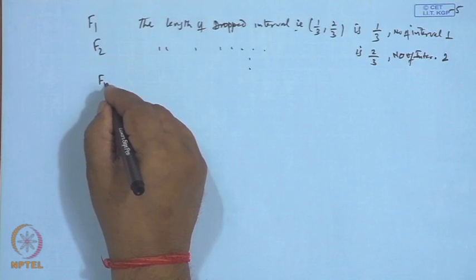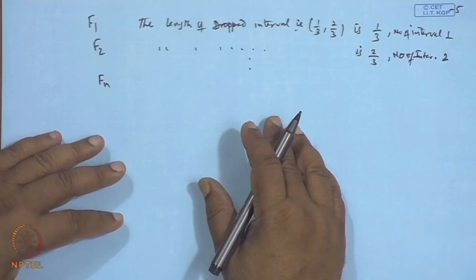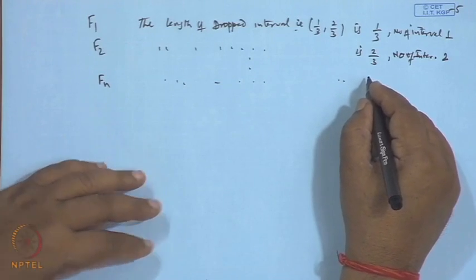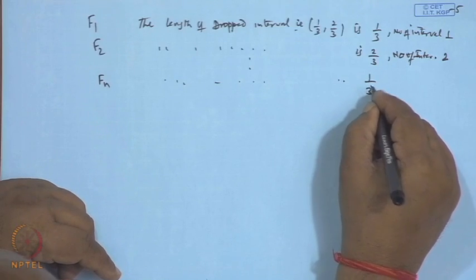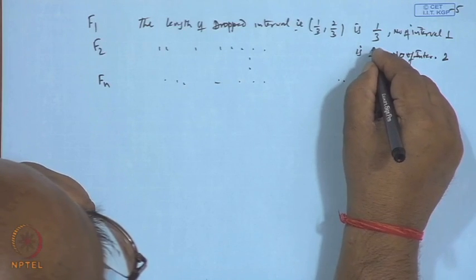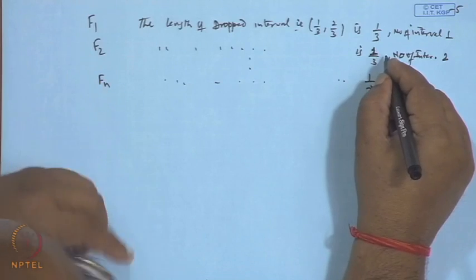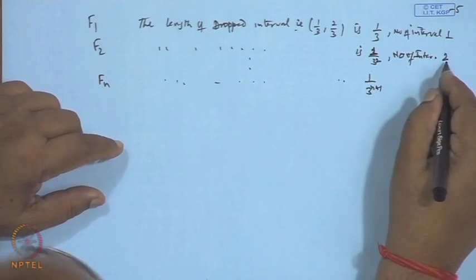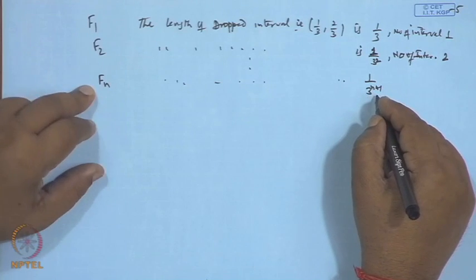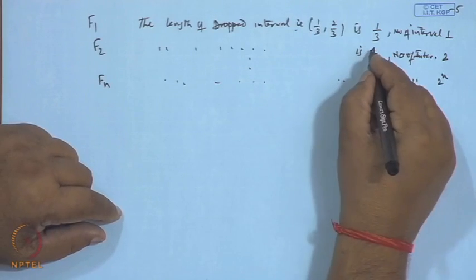So, in the case of F_n, the length of each dropped interval will be 1/3 to the power n plus 1, and the number of intervals will be 2 to the power n.